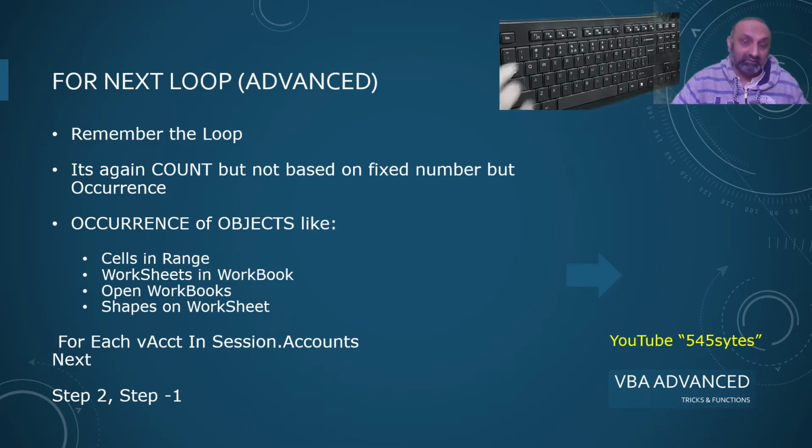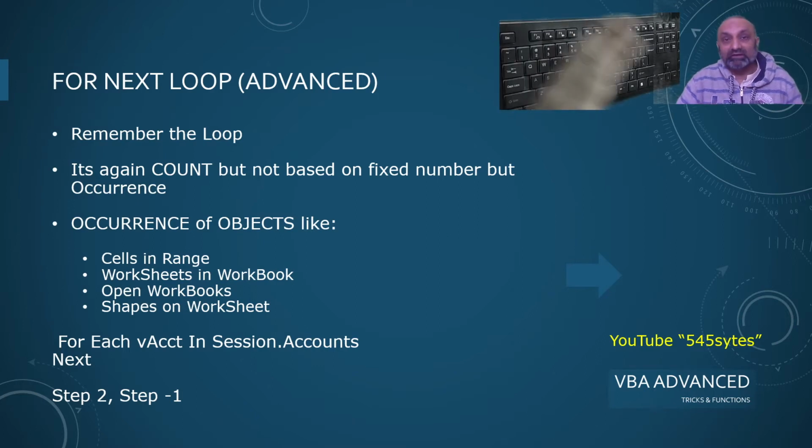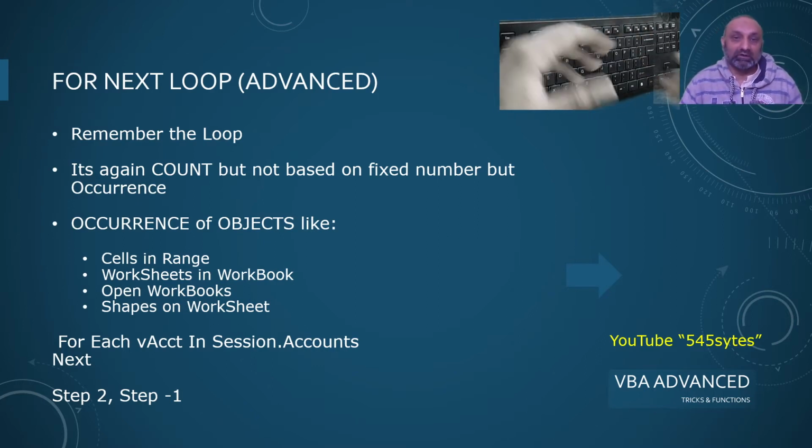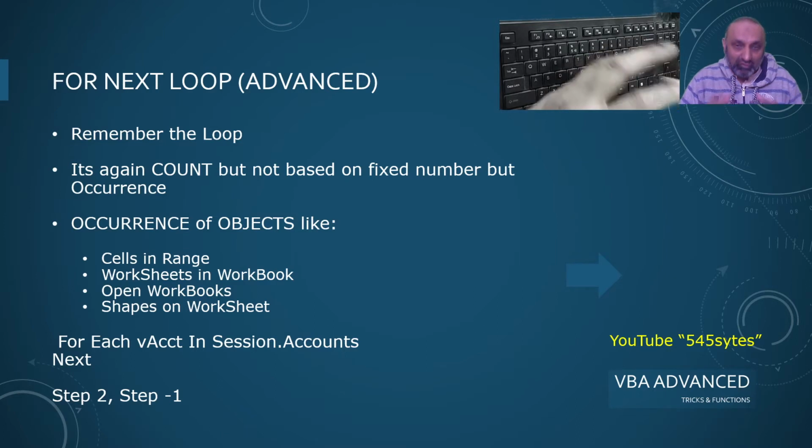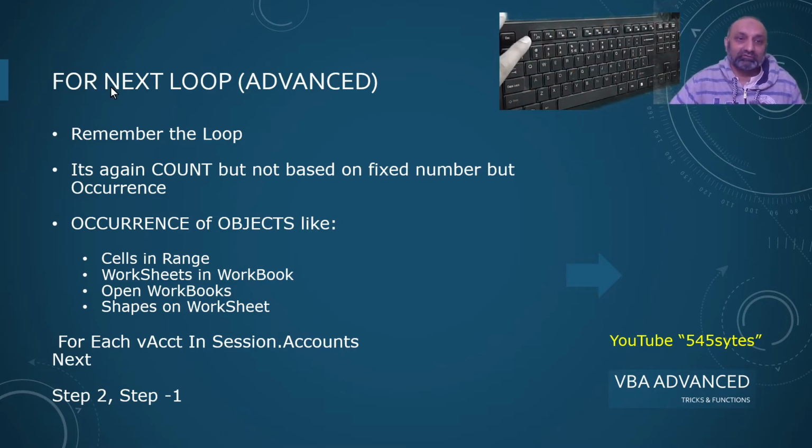Many times you don't know how many times you have to run the loop. If you know the basis of occurrence, then you can use this For Next loop, and this is used with the word Each. Let's go and see how this works.